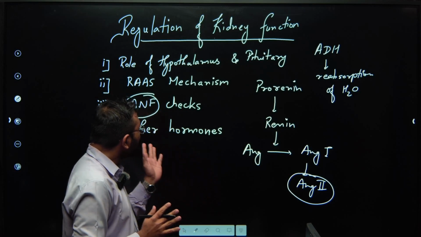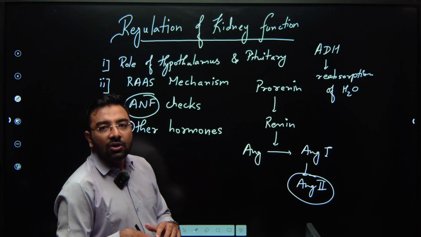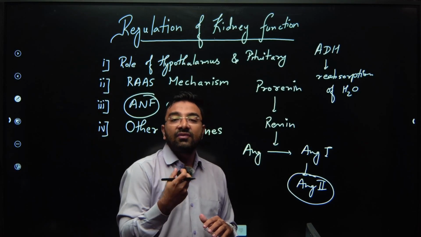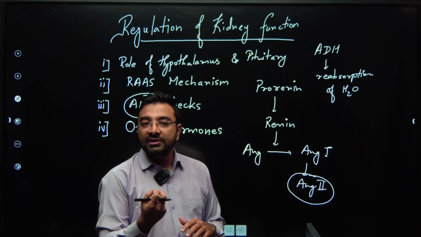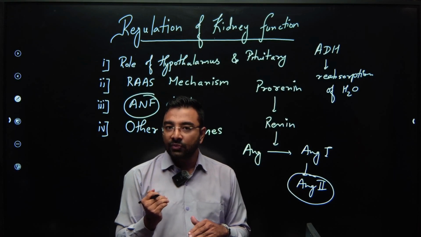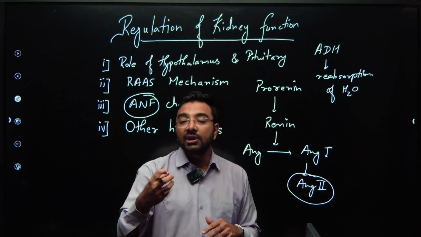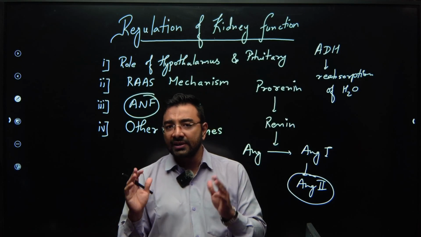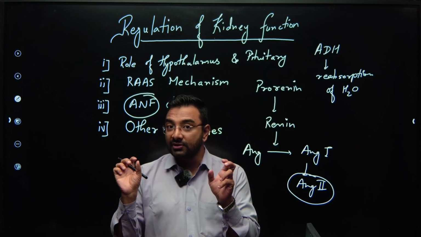This polypeptide causes the deactivation of aldosterone receptors, thereby decreasing the reabsorption of sodium and increasing the urinary excretion of sodium, hence the name atrial natriuresis.